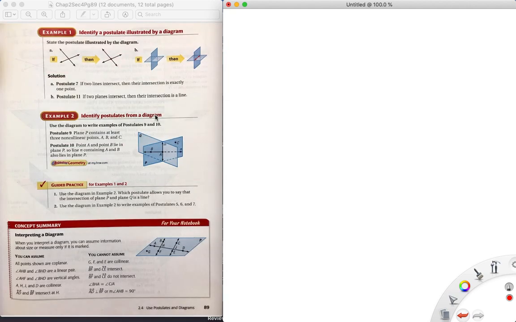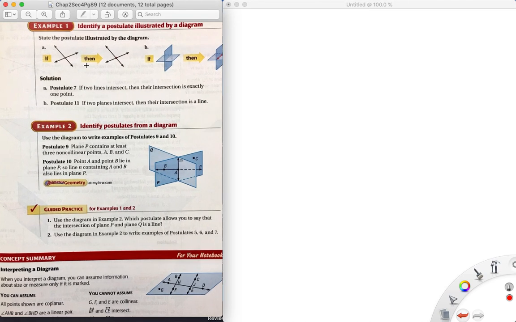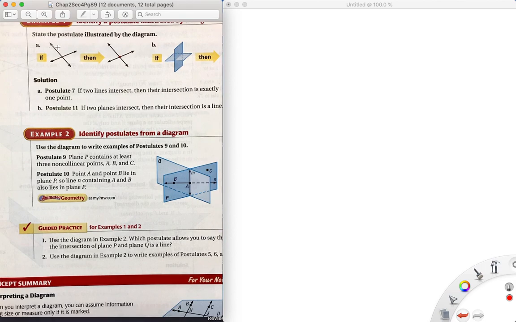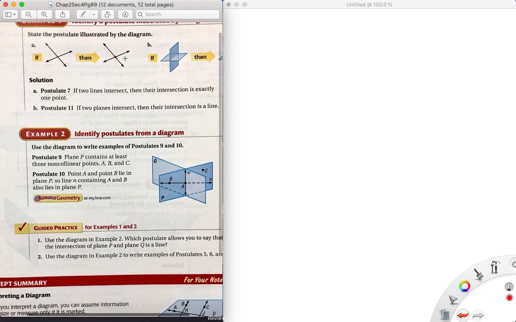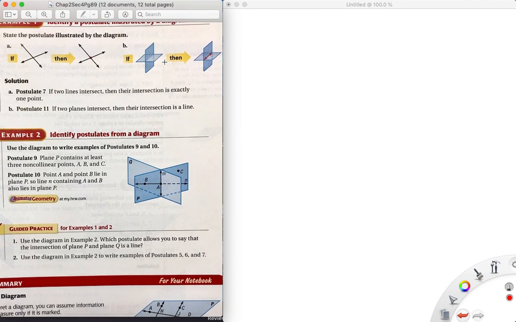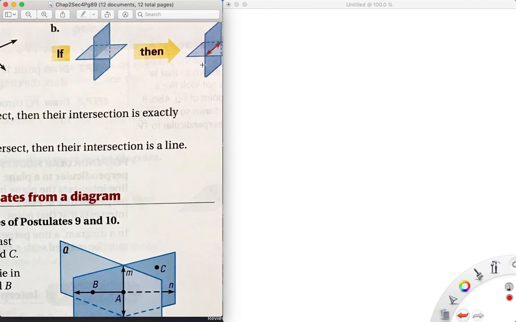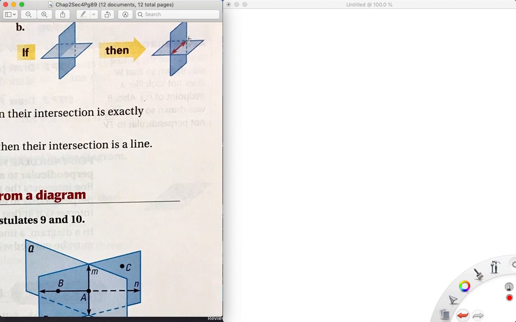There are drawings, and you can make conclusions off of those diagrams. The first diagram says 2 lines intersect, then they form a point. And this one is the drawing of the planes. If 2 planes intersect, notice that they form a line right across their intersection.